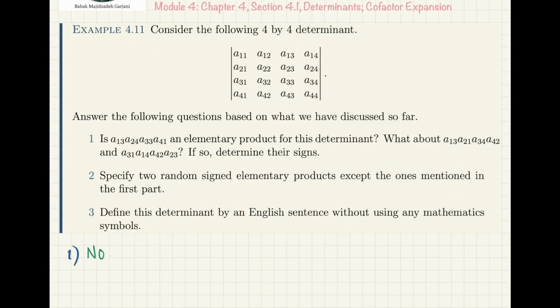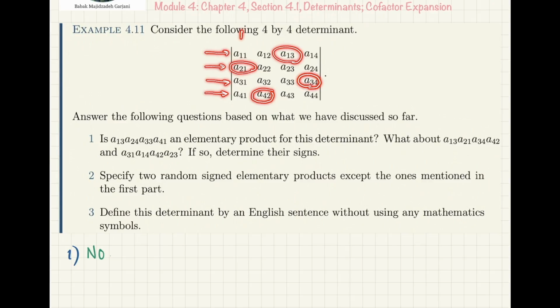So what about this one? Do you think that this is an elementary product? Where is A13? A13 is here. The next term is A21, which is here. The next one is A34, which is here. And finally I have A42. If you look at the rows, I have exactly one element in each row.